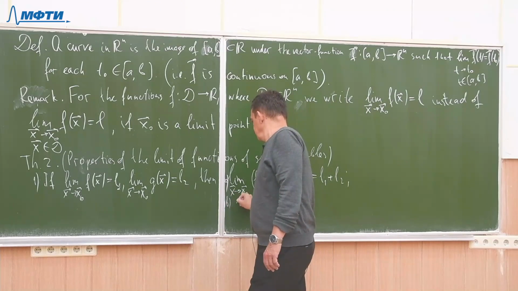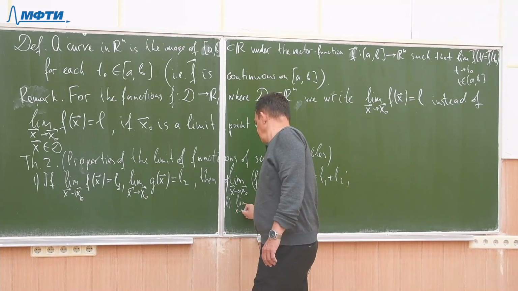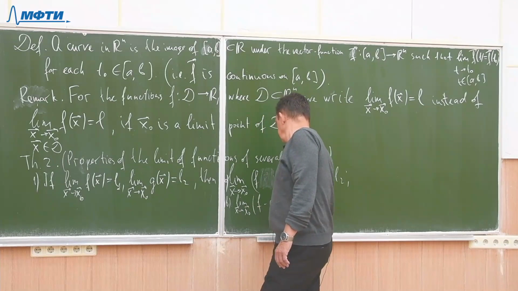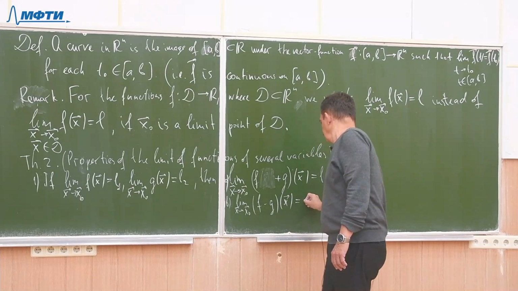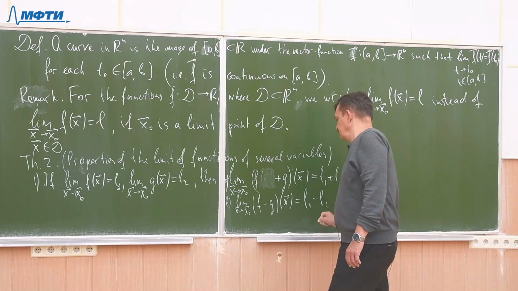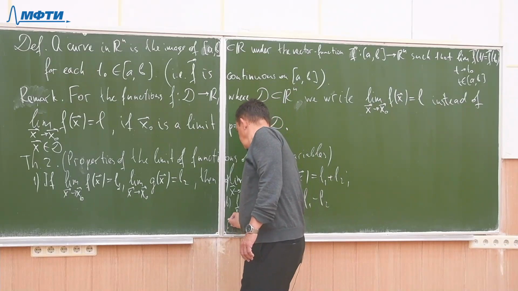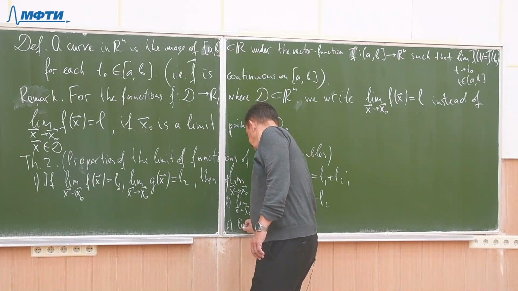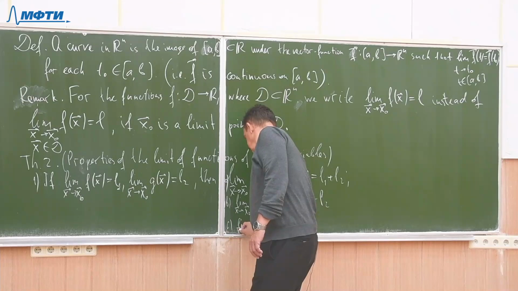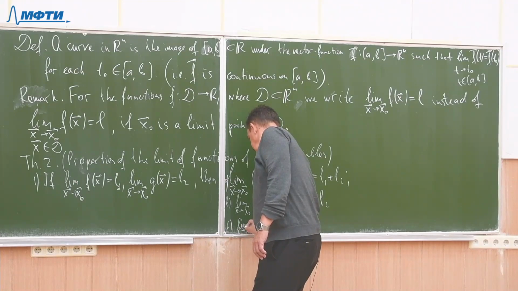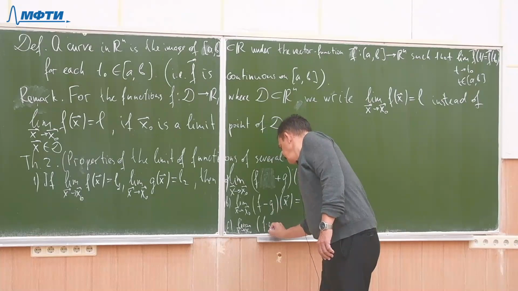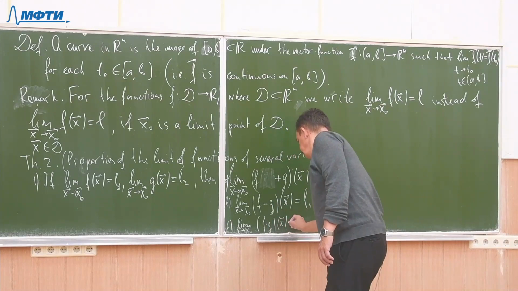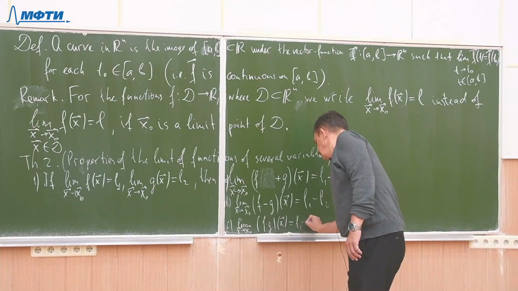B, similar assertion for the difference. And for the product, the limit of f times g of x equals L1 times L2.